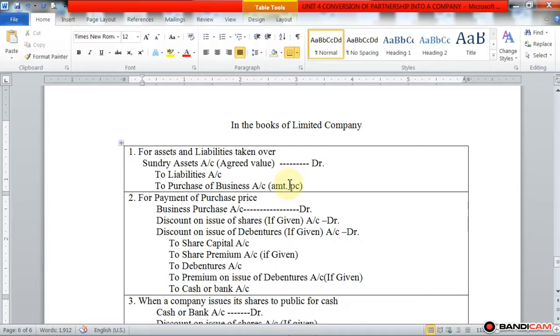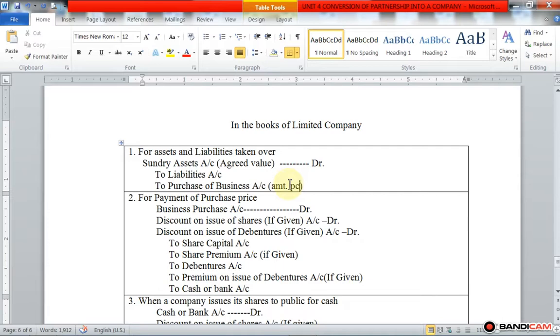So the first entry in the books of the limited company is to take over the assets and liabilities: sundry assets individually debit at agreed value, to liabilities account at agreed value, to business purchase account the amount of purchase consideration.